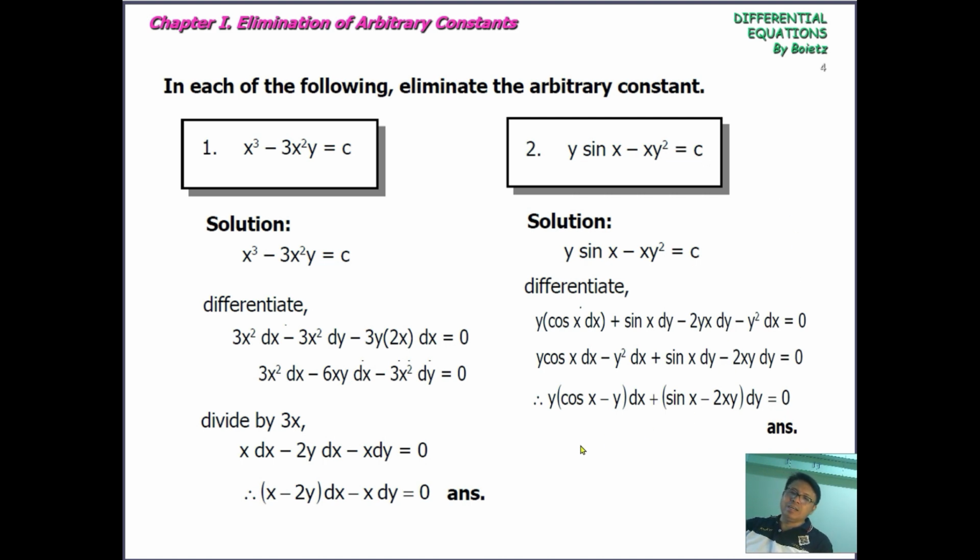Anyway, our definition of differential equations is an equation containing derivatives or differentials.